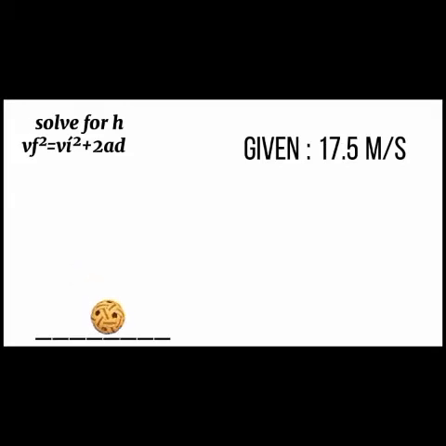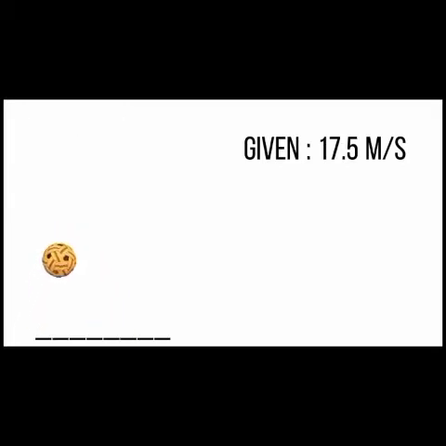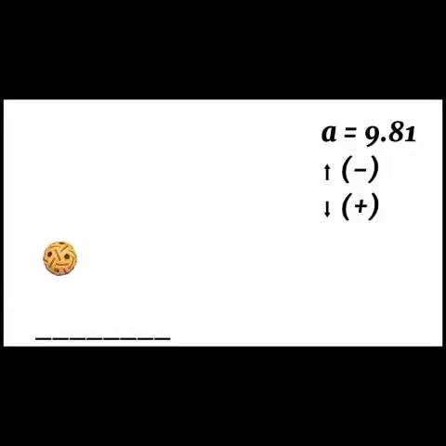Ngayon, sa vertical motion, i-consider natin yung acceleration natin is due to gravity. And yung value ng acceleration natin due to gravity is 9.81 meter per second squared. Tapos kapag upward, yung sign natin negative. Kapag downward, sign natin positive.